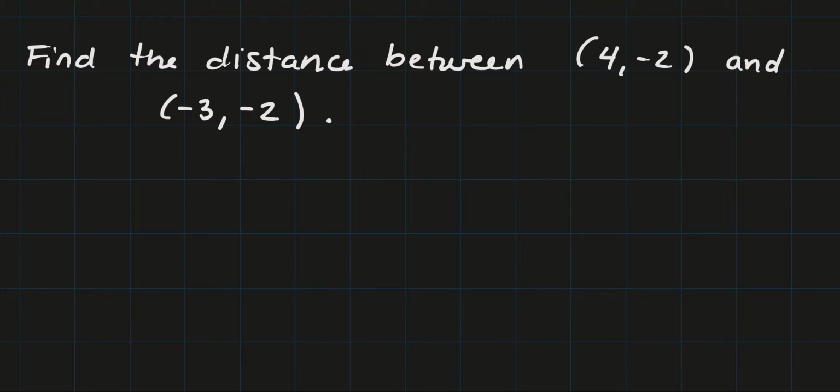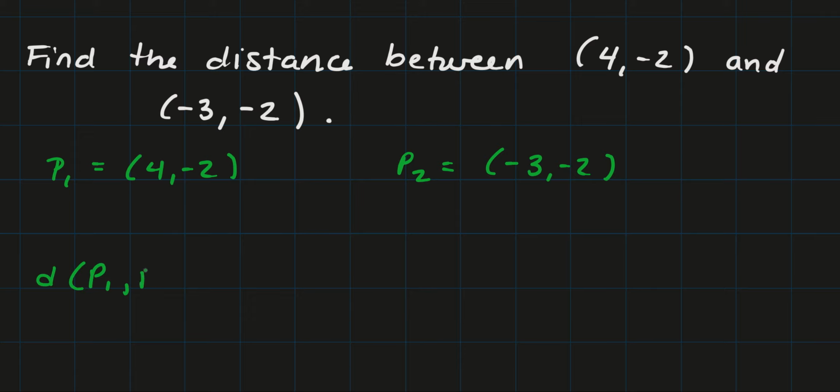So we're going to let P1 be (4, -2) and P2 be (-3, -2). The distance between P1 and P2 is the square root. Okay, we're going to subtract the x coordinates.